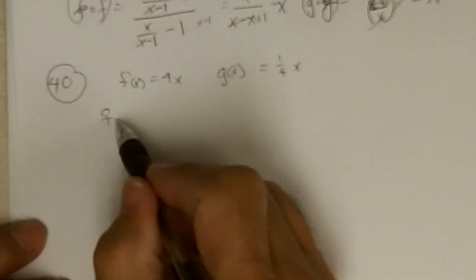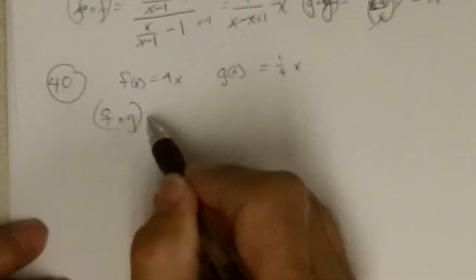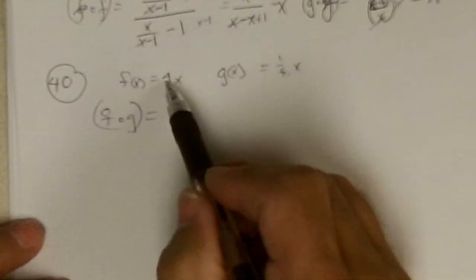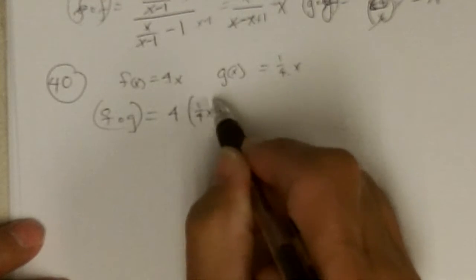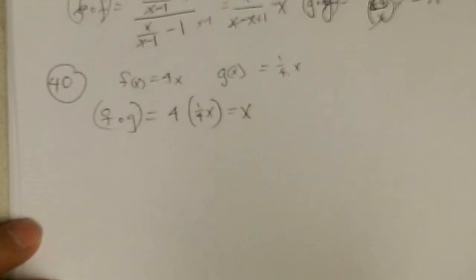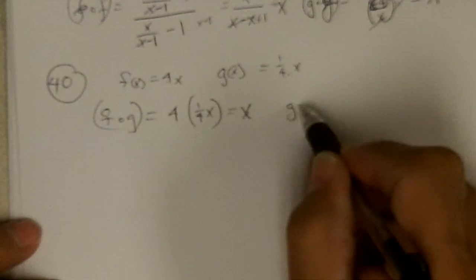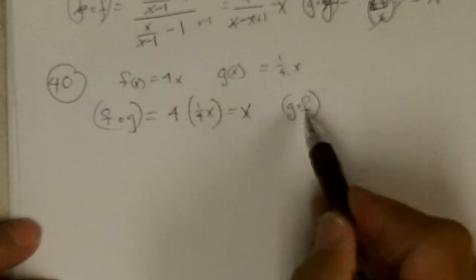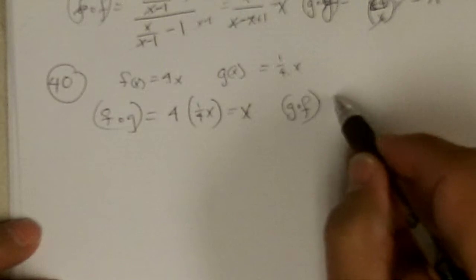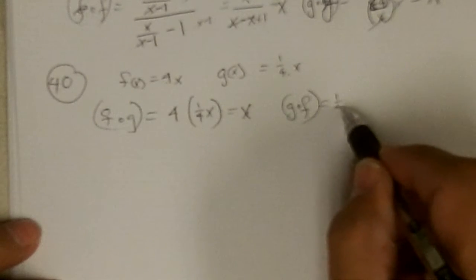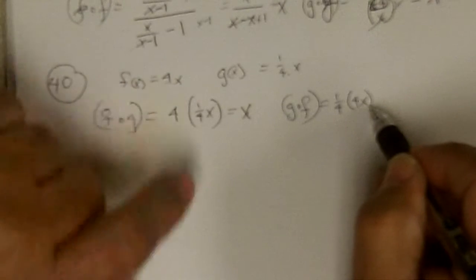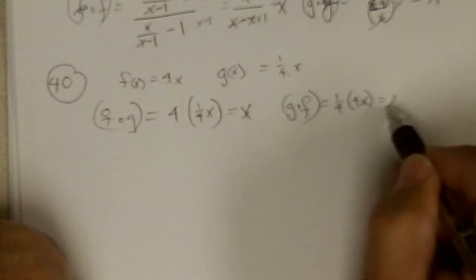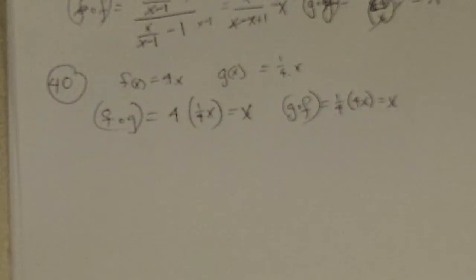And if I do f of g, I put g in place of the x in f, I get 4 times 1/4 x, which is x. That's what they wanted me to show, the inverses. Or I can do g of f, so I can put f into g, and I get 1/4 of 4x when I put f in place of it, which is x. And that's all they wanted me to do on 40.